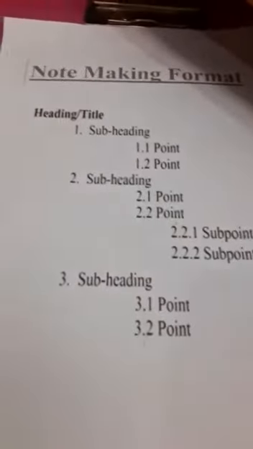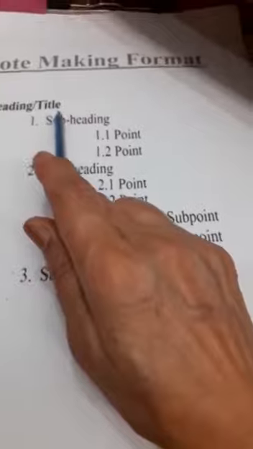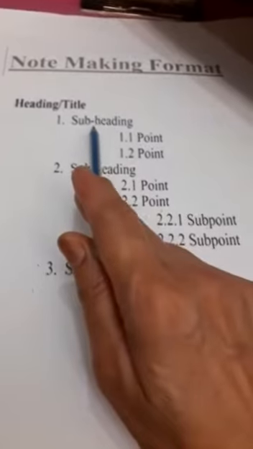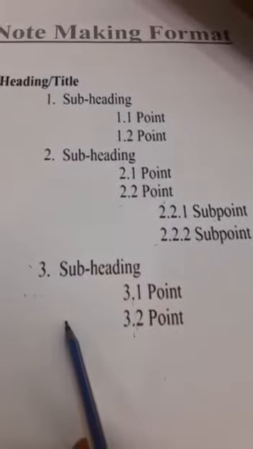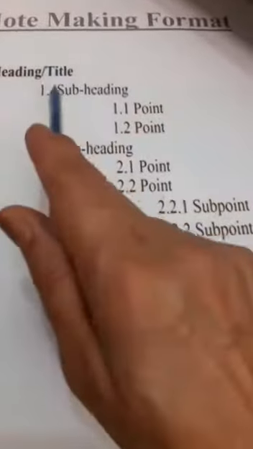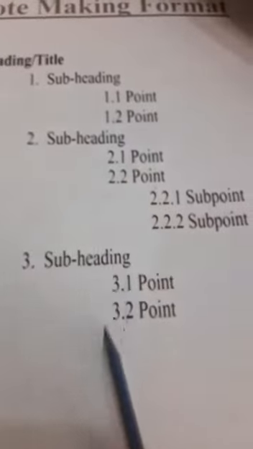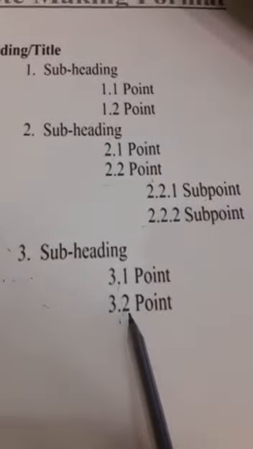Look at this. For note making, as you get this question, you have selected the title. So the very first part will be writing the title of the passage. Then you will go to its subheadings. You have to read the passage again to select its subheadings. Clear? All the subheadings will be taken in one margin, and every subheading is to be divided into various points, and they are to be written in another line.